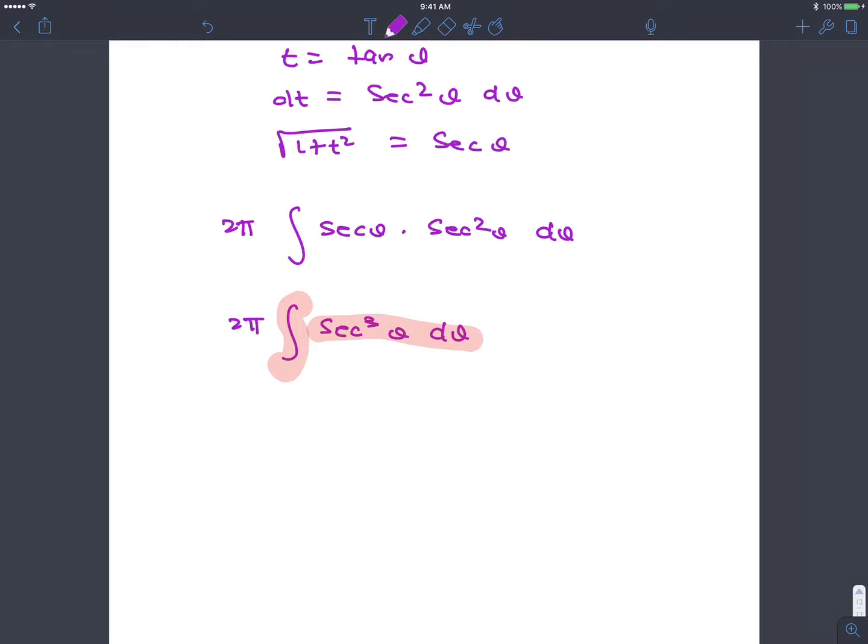Now remember what I said before. Isn't it a good idea to have some integrals under your belt? Do you guys remember some integrals kind of memorized that's going to help you? You're kind of in that spot here. Okay, what is the integral of secant cubed theta d theta? Anybody know?